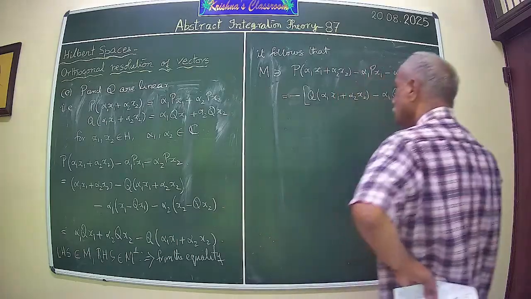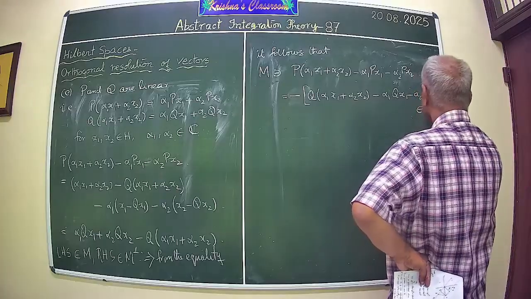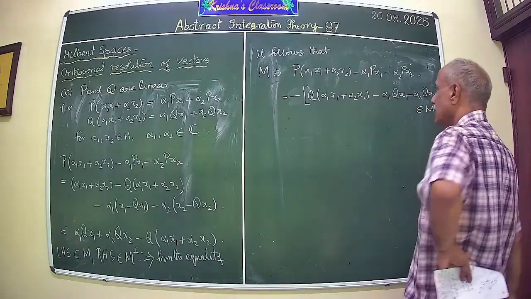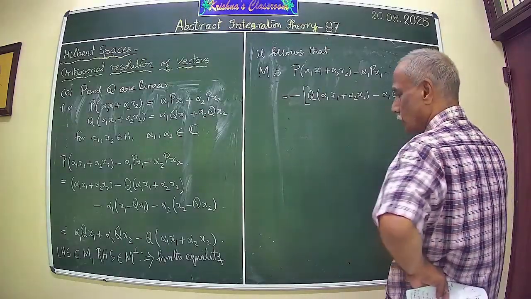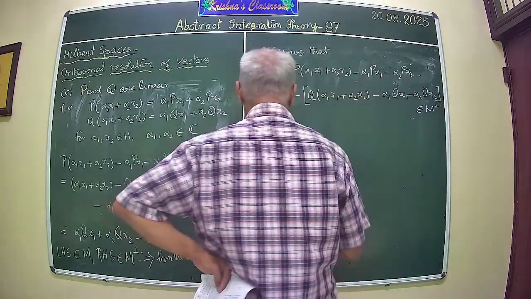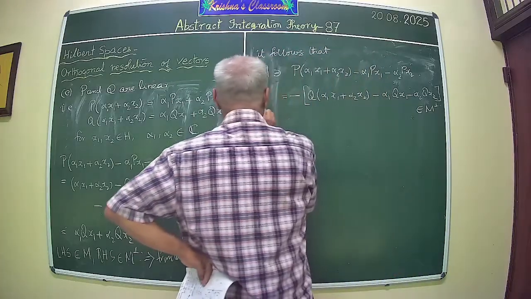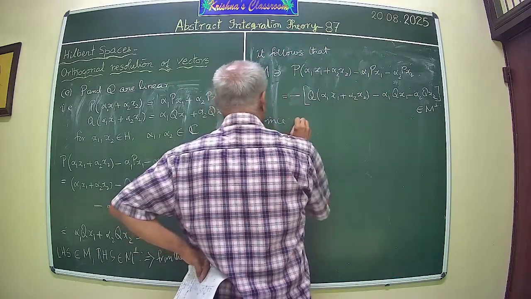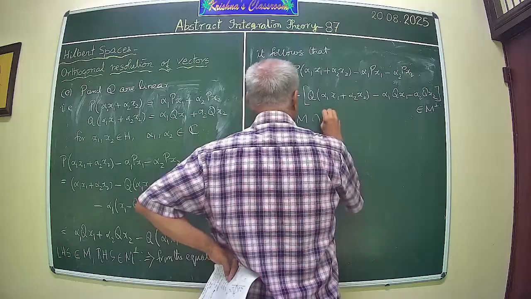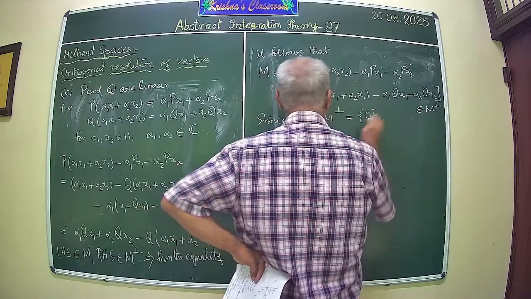Next, and this belongs to, so both LHS and RHS belong to M and M perp. Hence, the only common element of M and M perp consists of only the zero element.